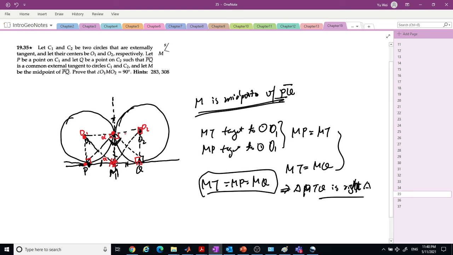So now we know this one is beta and this one is beta. Okay, so based on here, we know this angle is 90, right? So alpha plus 90 plus beta is 180. So alpha plus beta is 90 degrees, right? So that's why alpha and beta sum to 90 degrees. Also, we can have this one is 90. Then we can get angle O1 M O2 is equal to 90.